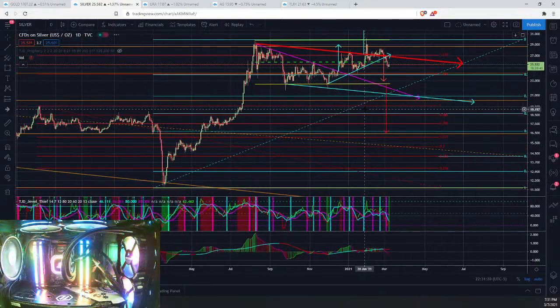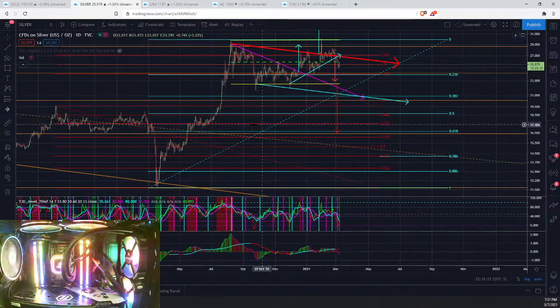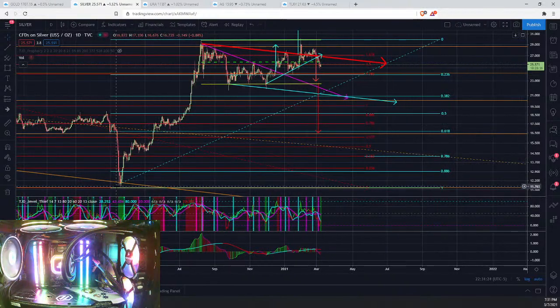But again, if we take our fib target, and this is a tough one because the Fibonacci target of $12 is unrealistic, because that's full on paper trading BS like stop hunts. You could probably realistically fib from like 1650 and it's more realistic. This is crazy, but it's still being respected. You can't buy silver for $12.